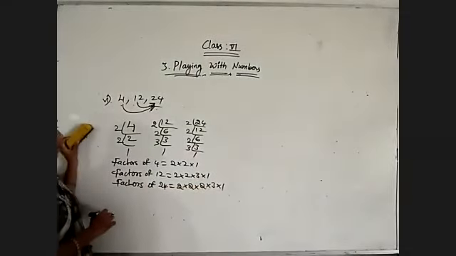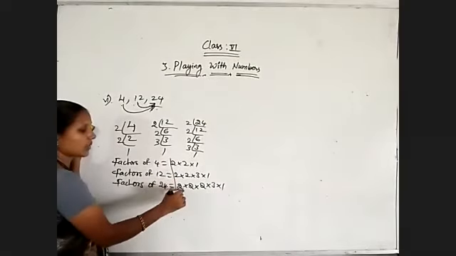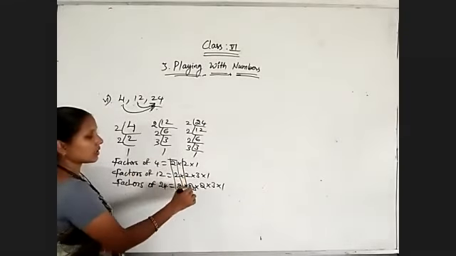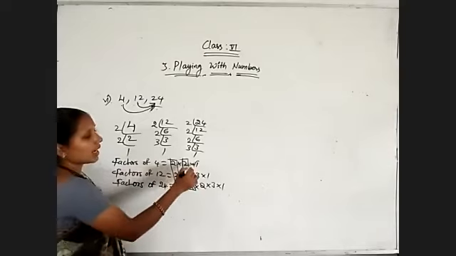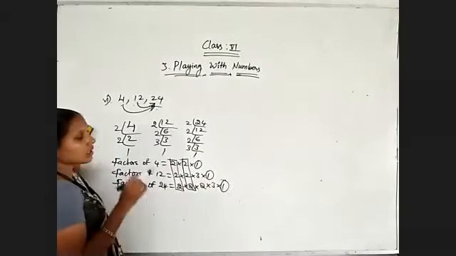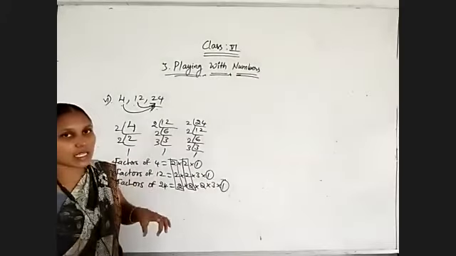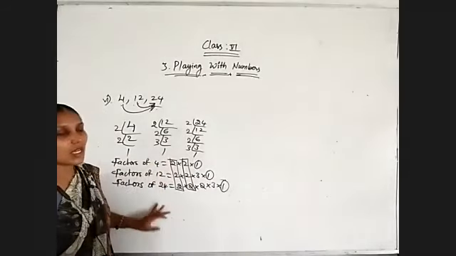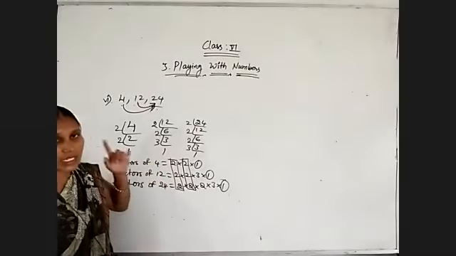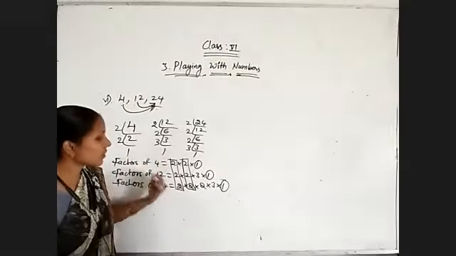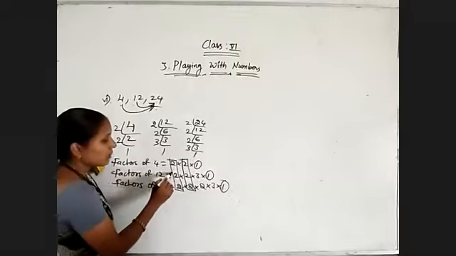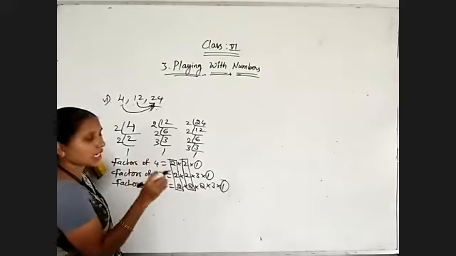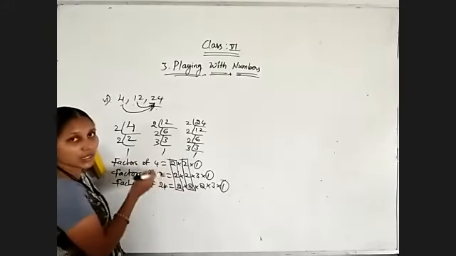Now first of all identify the common factors. 2 came 3 times, so 2 is a common factor for 3 numbers. And again 2 came 3 times. And 1 came 3 times. See, when we are talking about HCF, whatever number we are checking must be common for each and every number. But in case of LCM, this condition is very, very important. Observe. In case of LCM, the factors which are common for all the numbers, as well as those factors which are common for any two numbers, we can also take.